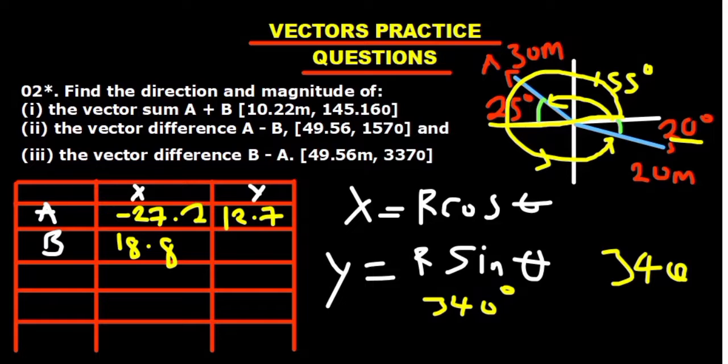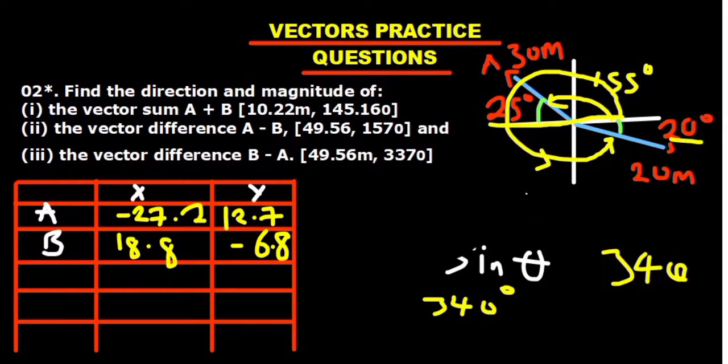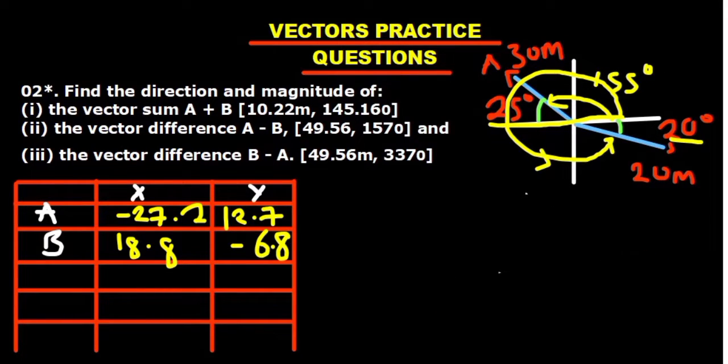So we've resolved the vectors A and B into their x and y components. So now let's try to come up with the vectors that we've been asked to determine. Okay, let's try to do that.